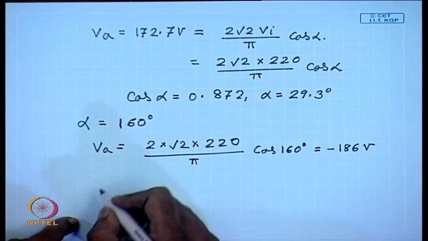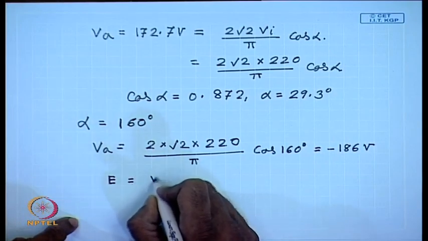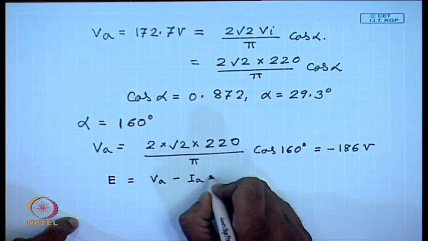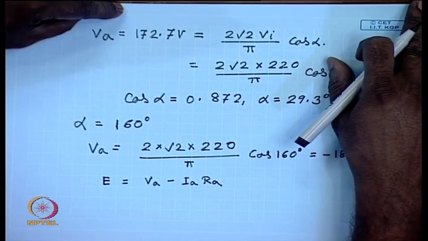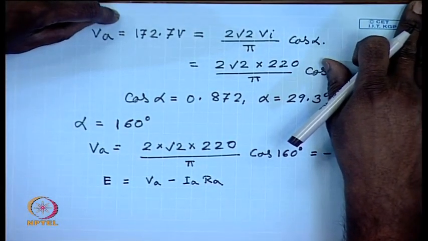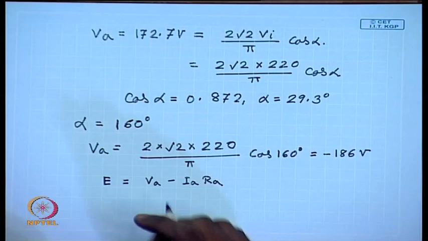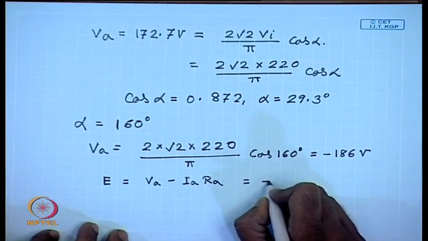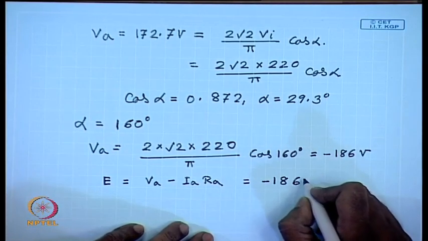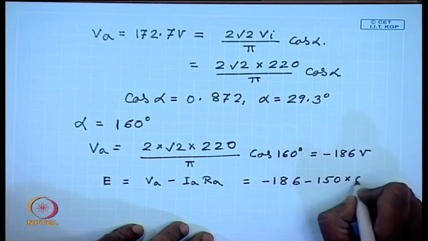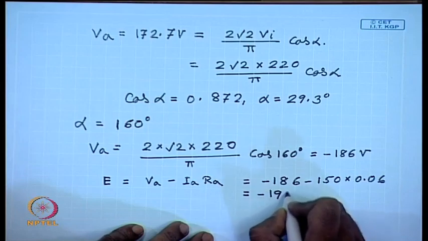Then E is VA minus IA RA. Please note that in a phase controlled converter, the current can flow only in one direction, that is, it can flow only into the motor terminal. So, this comes to minus 186 minus 150 into 0.06, this comes to minus 195 volts.